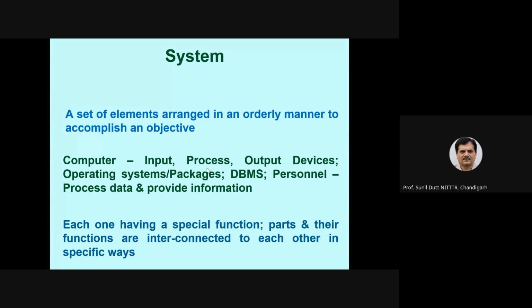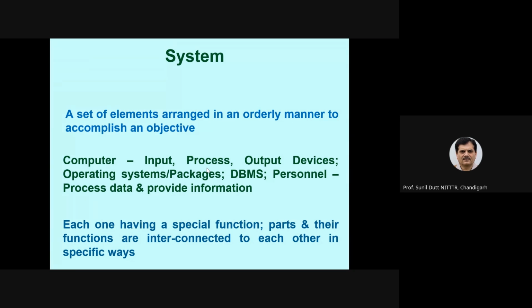Now, if the computer system is designed to achieve the objectives of design, engineering, and drawing processes, then the elements will be graphic workstation, graphic processor, languages suitable for engineering and drawing applications, plotters for drawing. It means the components are different if the objective is different.